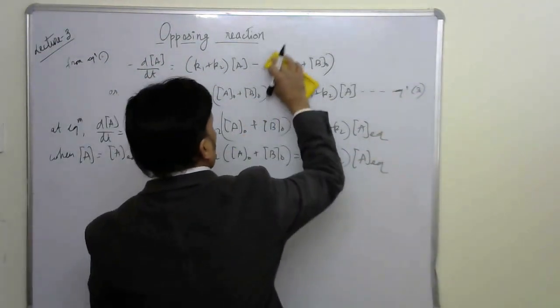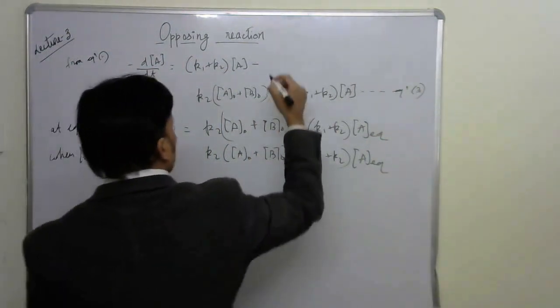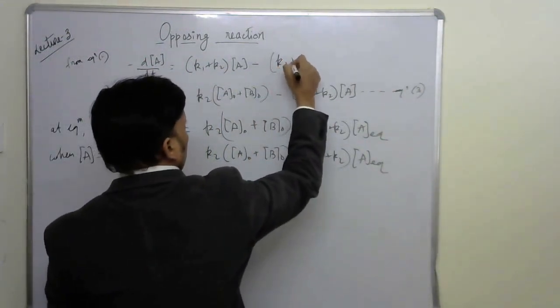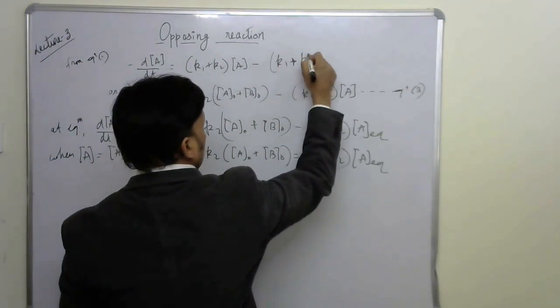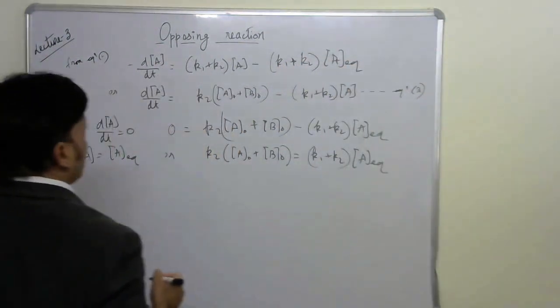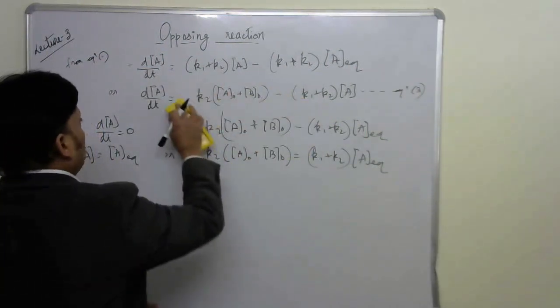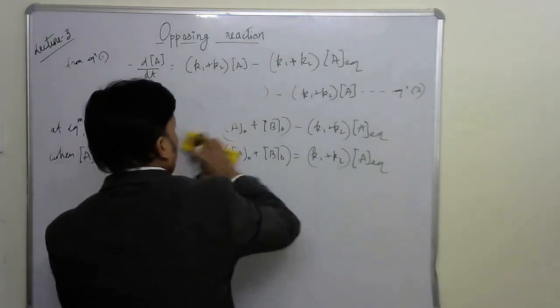So therefore, I'm going to replace directly over here with K1 plus K2 multiplied by A equilibrium. Further we can simplify the above equation.